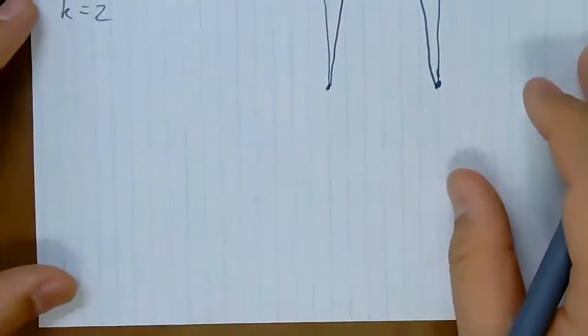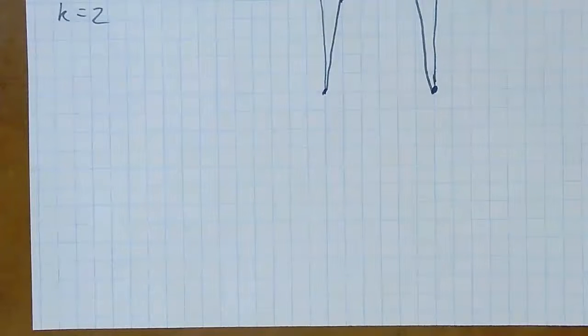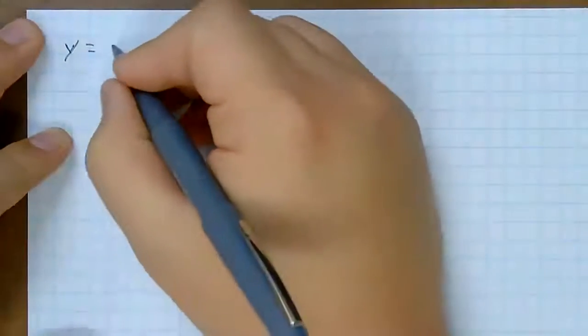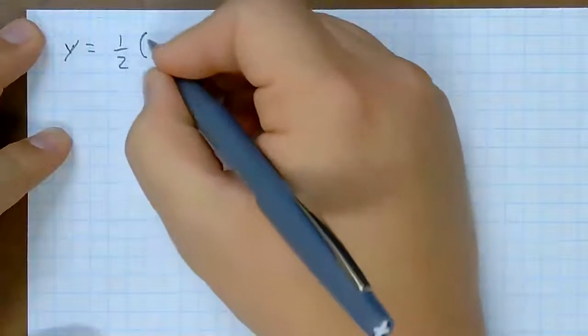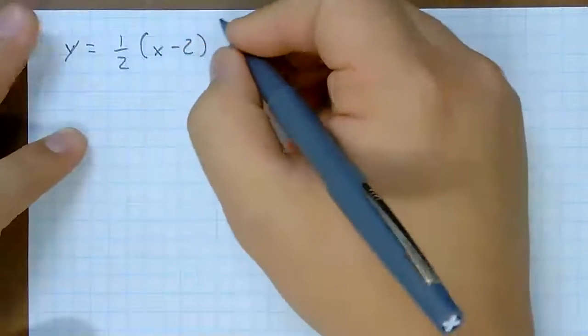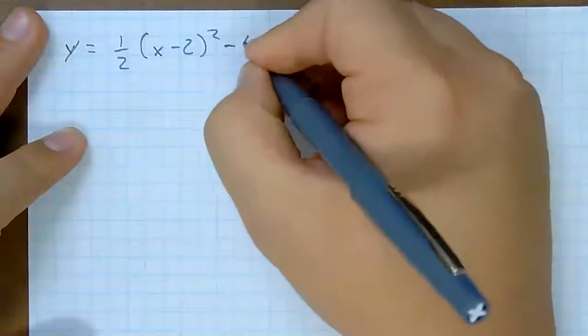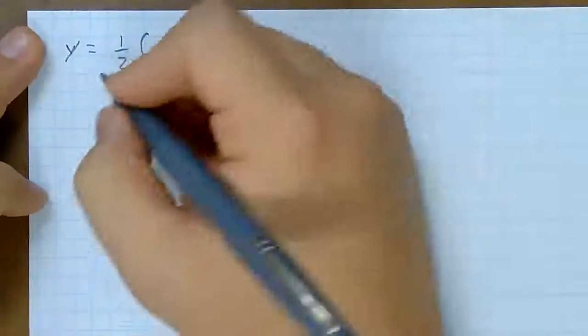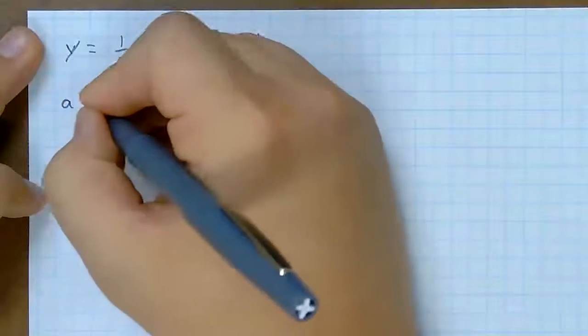Let's move on to another example. This one's going to be y equals 1/2 times (x minus 2) quantity squared minus 4. Let's identify a, h, and k.